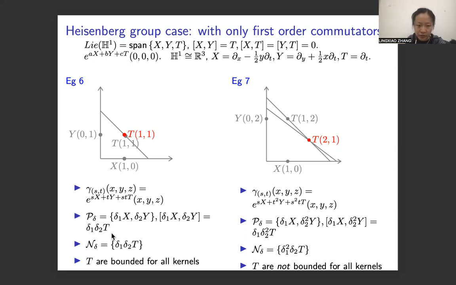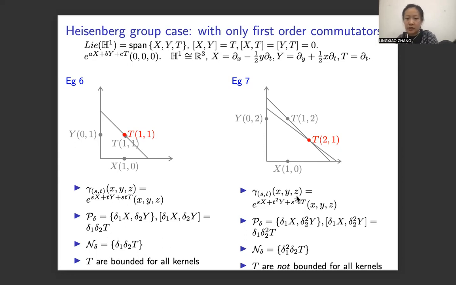Higher-order commutators vanish. And now the dilated non-pure vector field is delta 1 delta 2 T. So it is spanned by the dilated pure vector fields with bounded coefficients uniformly in delta. So it satisfies our condition. So by our theorem, T is bounded for all kernels.